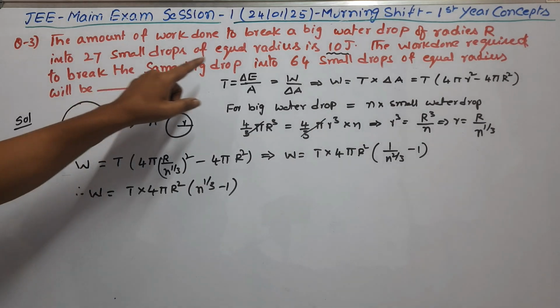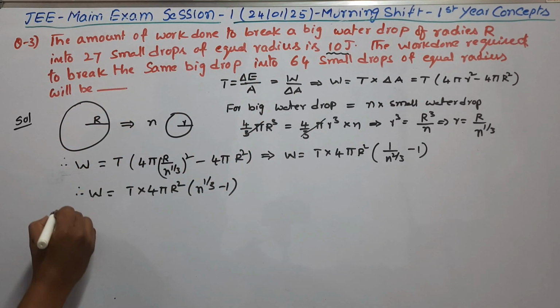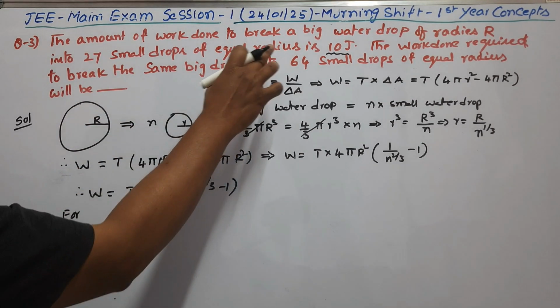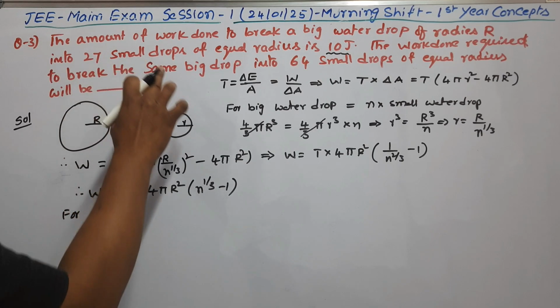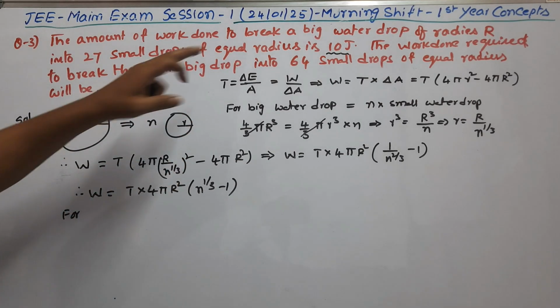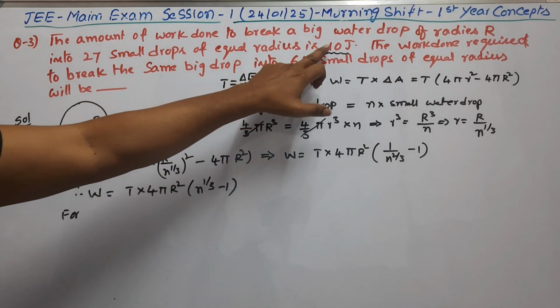According to the given question, in the first case 27 water droplets are made with the help of a big water drop. For that, how much energy is spent? 10 joules.